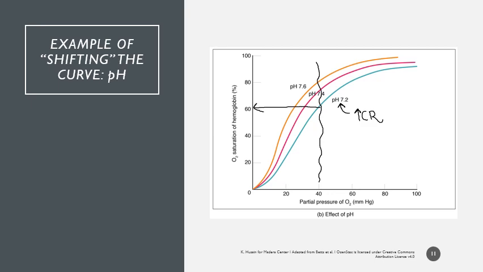If you're in a cell at rest, just going about normal activity, that same partial pressure of oxygen is going to have more hemoglobin fully saturated, meaning they're hanging on to it and not giving it up as readily.